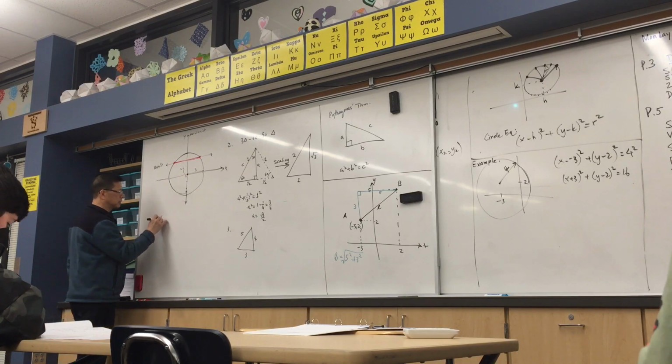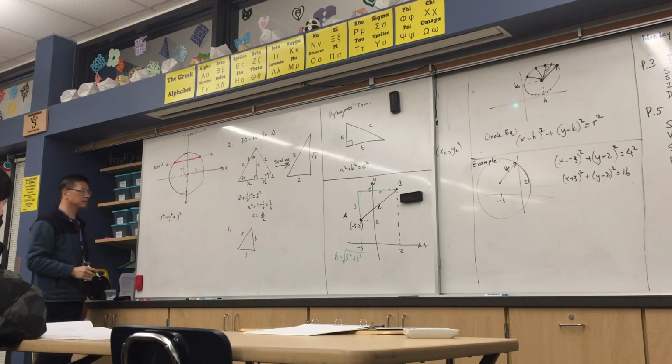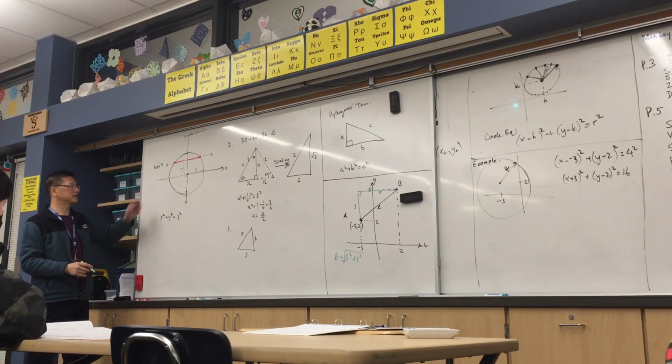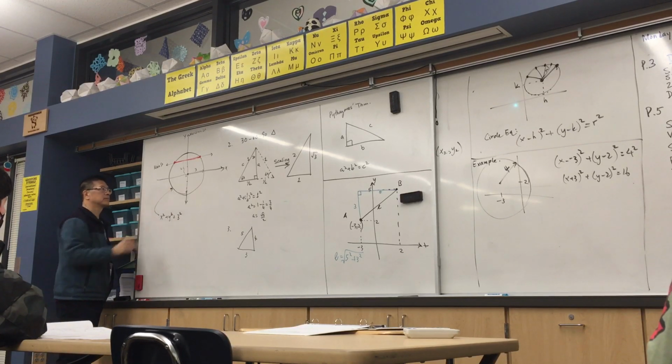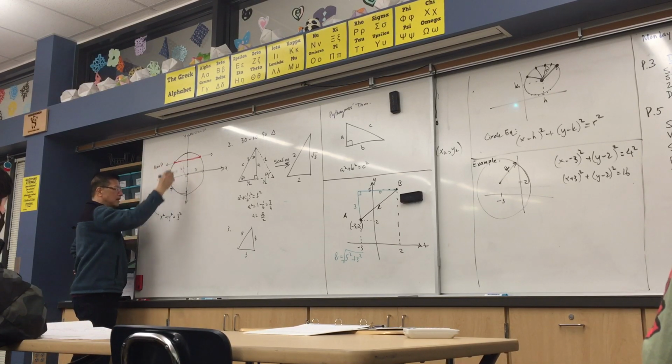Okay, so let's do x squared plus y squared is equal to 3 squared. That's the circle. And the line is going to go through there.